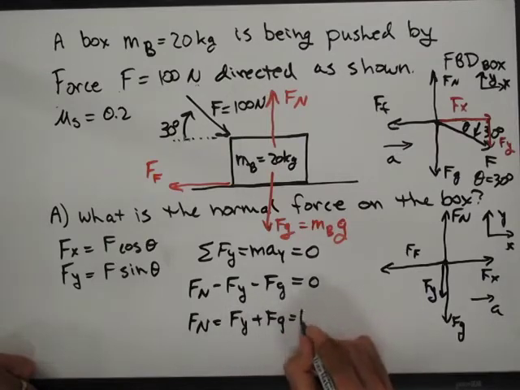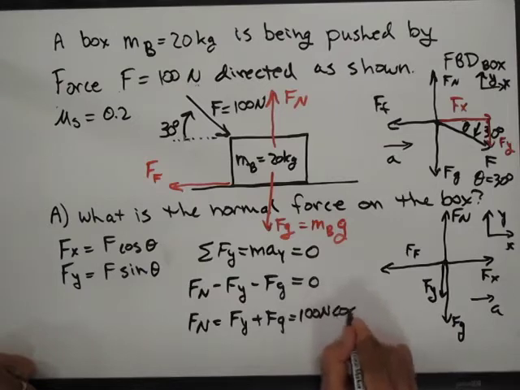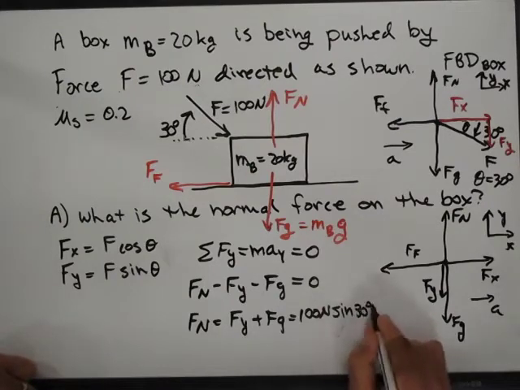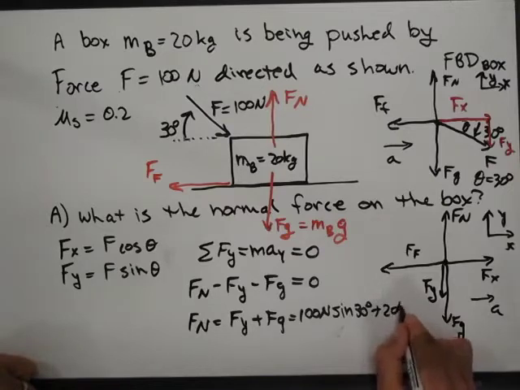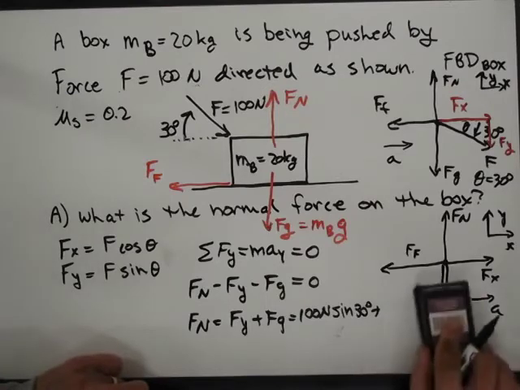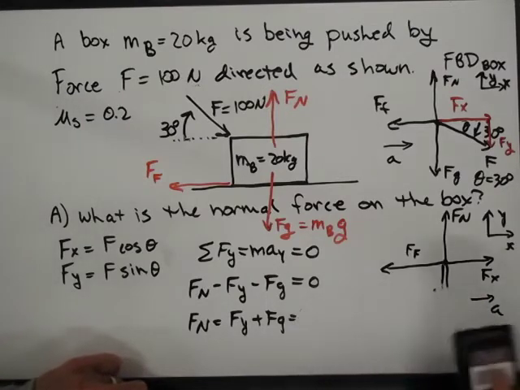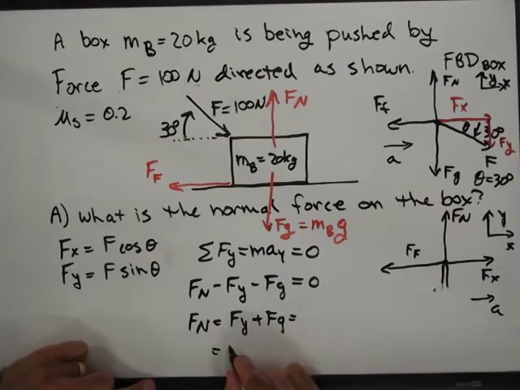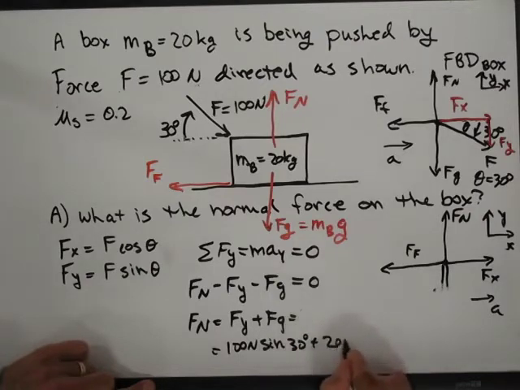But that's just 100 newtons times the sine of 30 degrees, plus 20 kilograms times 10 meters per second squared.